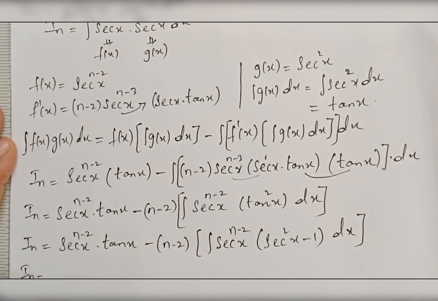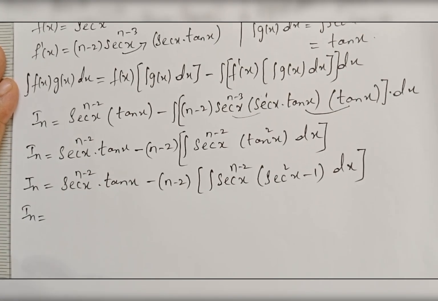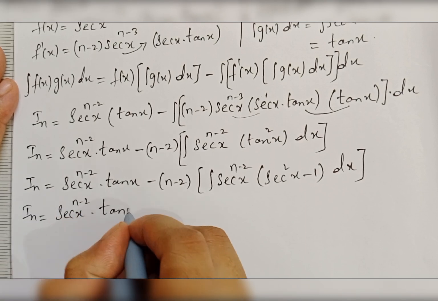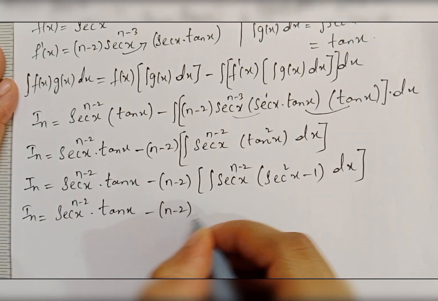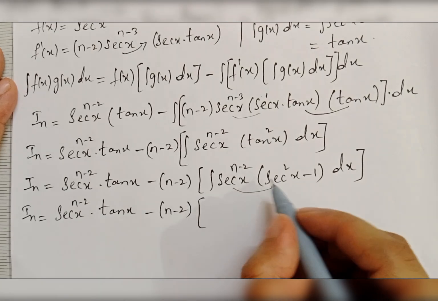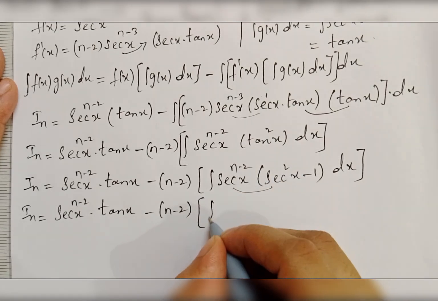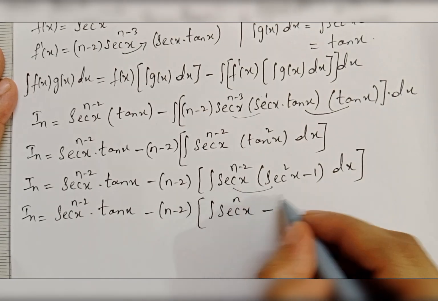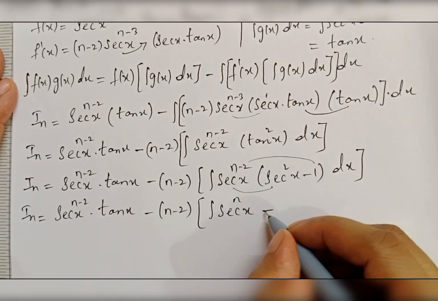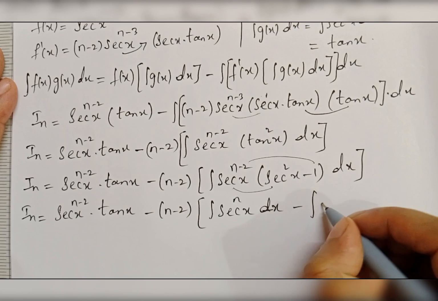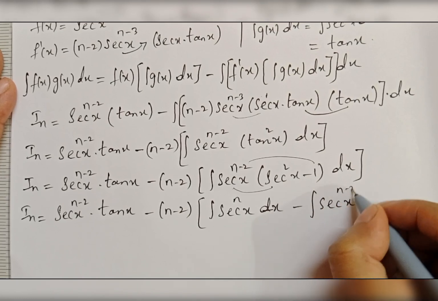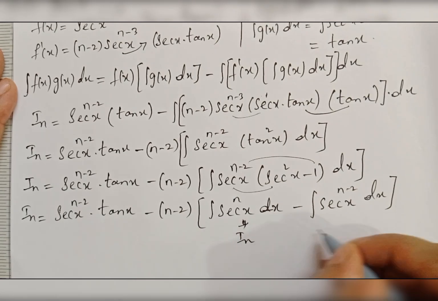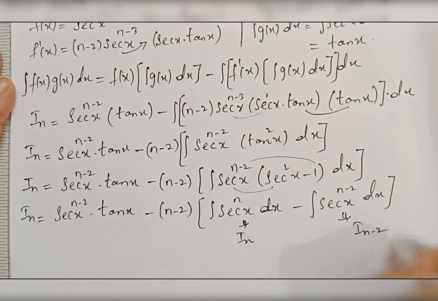So I_n is equal to secant x power n minus 2 into tan x minus n minus 2 into, multiplying it inside, the plus 2 and minus 2 get cancelled, so we'll be left with integral secant x power n dx minus integral secant x power n minus 2 dx. This first value is I_n and this value is I_(n minus 2).